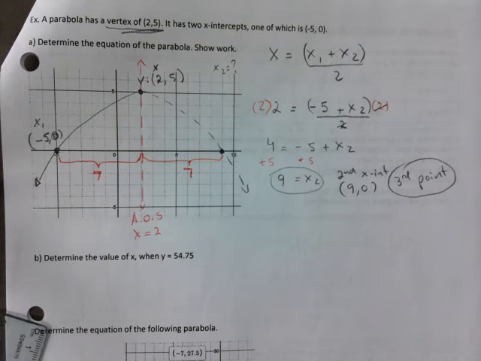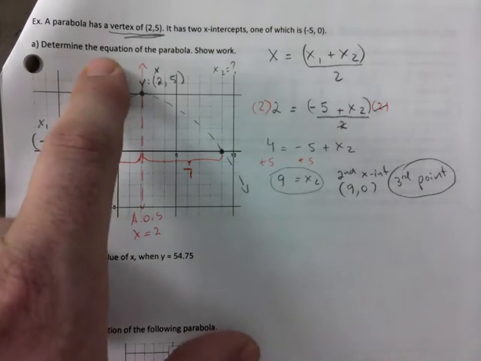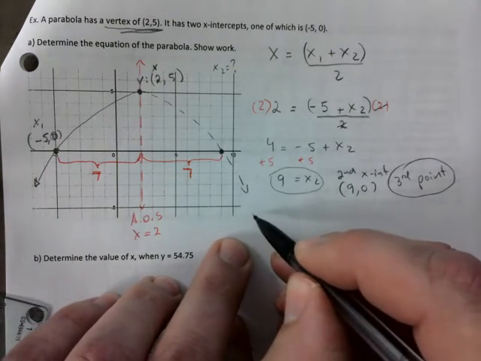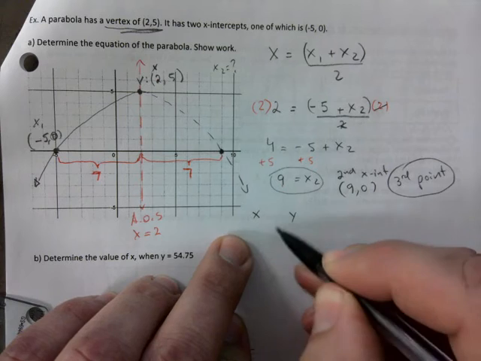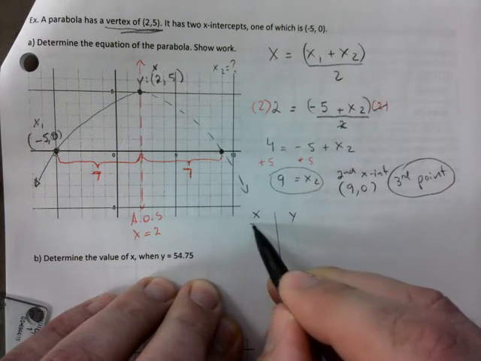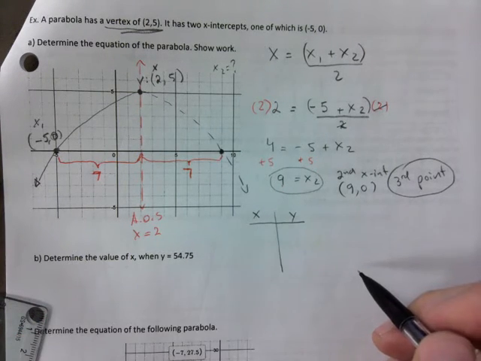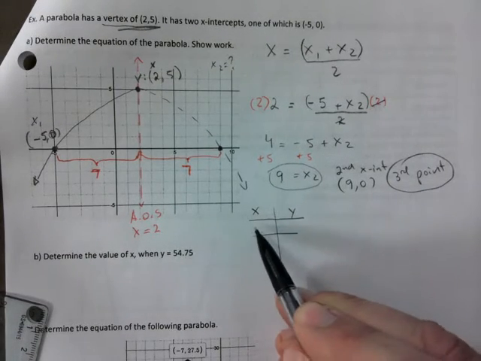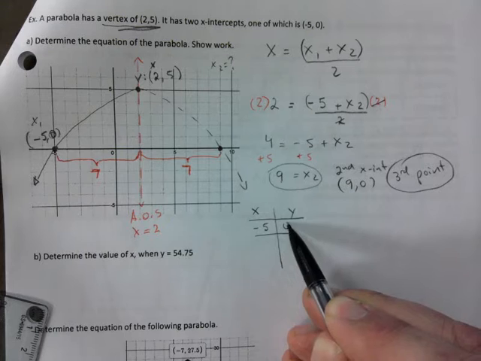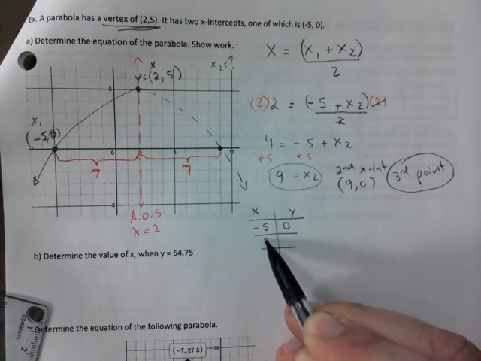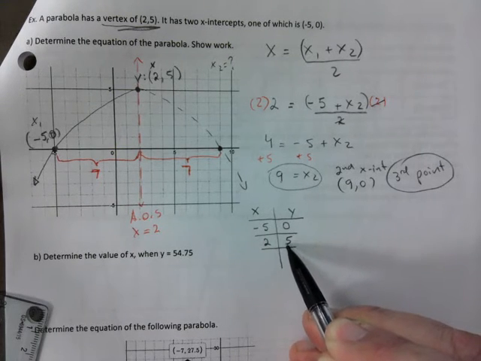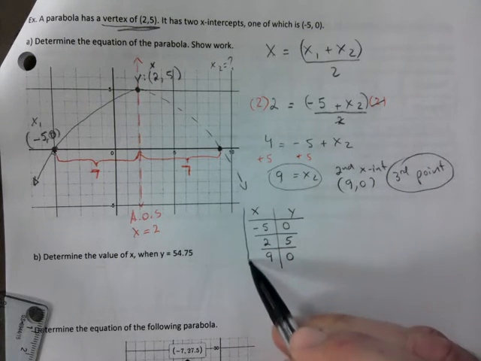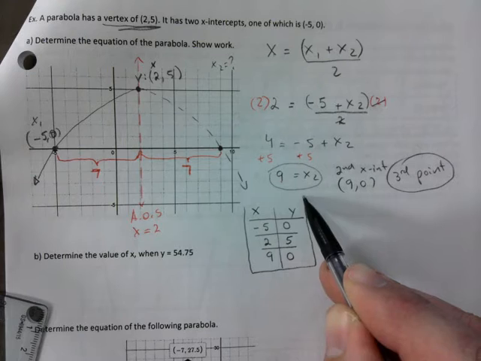So what are we doing now? Well, we haven't even gotten to the equation yet, right? So we make a little table with x and y, and we put in the points: (-5, 0), then the vertex (2, 5), and then that third point (9, 0).